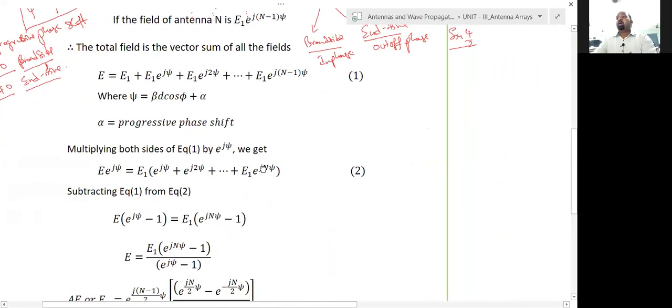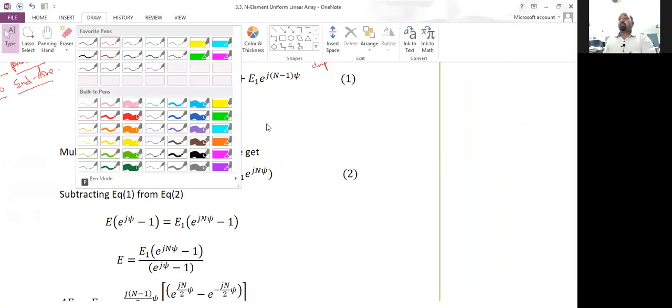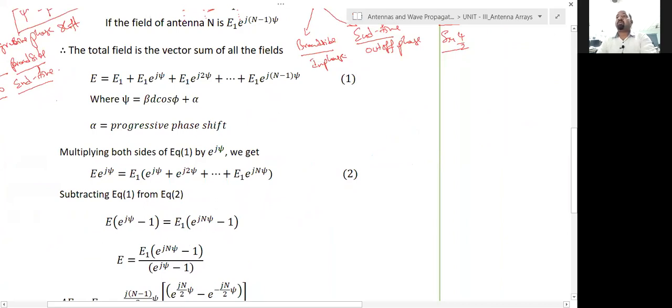So therefore, the resultant electric field is equation 1. The sum of all: E1 plus E1 e power j psi plus E1 e power j 2 psi, and so on.